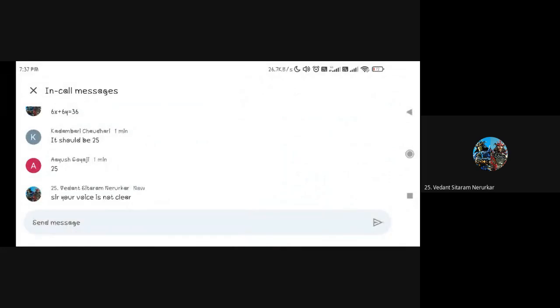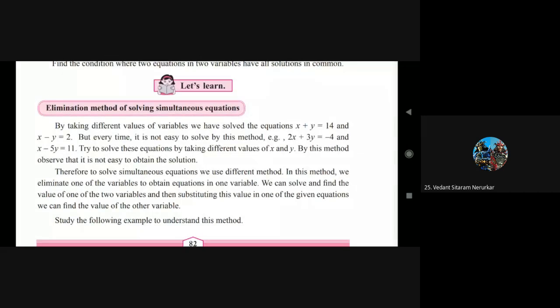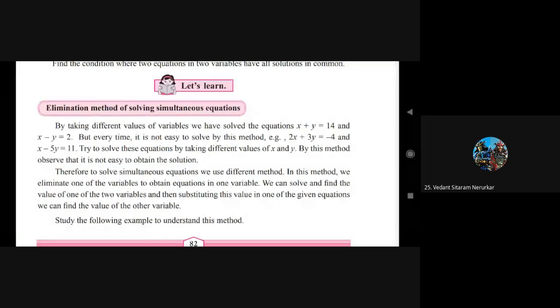Okay. Now let's move to our book and see what is there. So to solve these simultaneous equations in two variables. Now I hope you understand this कि simultaneous equation मतलब क्या होता है and in two variables मतलब क्या होता है, right? So elimination method of solving simultaneous equation. तो solve करना है मतलब हमें क्या करना है basically?